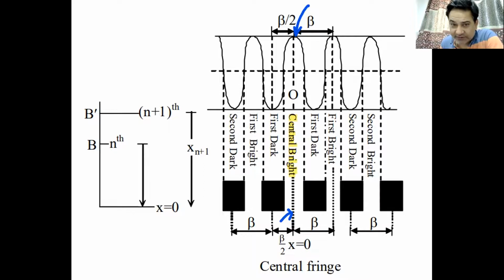Then after this maximum, you get this minimum here. And this is the position of your first dark fringe. So basically, from here to here, from this half to this half, this is known as the width of the first dark fringe.